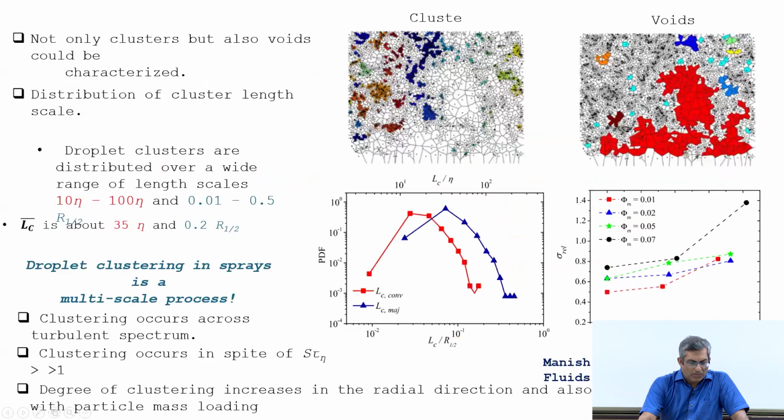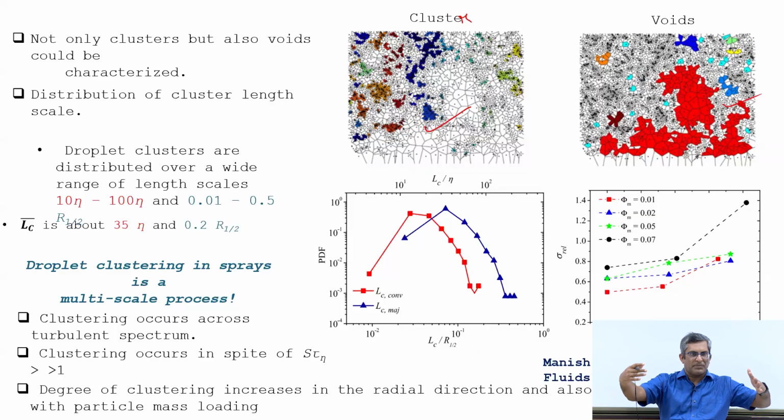Then let's see some of the results. What do we see? Using this Voronoi analysis, we can measure not only the clusters, as you can see here, but also the voids. The voids are the entities which are devoid of droplets, or where the number density of droplets is much smaller.